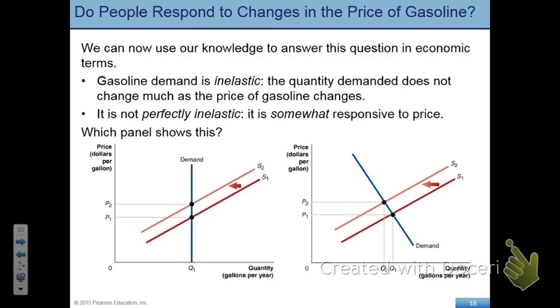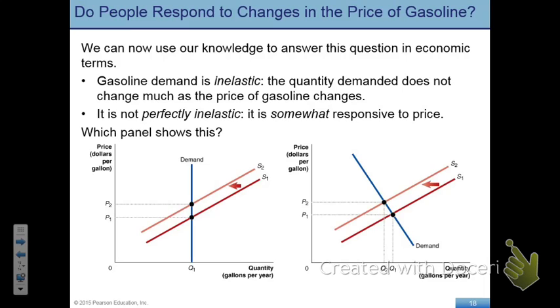Let's look at these two examples. Imagine that the demand curve for gasoline is indeed a vertical line, and imagine that there is a leftward shift of the supply curve for gasoline because of global turbulence in the oil market, war in the Middle East, or whatever. For some reason, there is a decline in the supply of gasoline in the market, and the price goes up from P1 to P2.